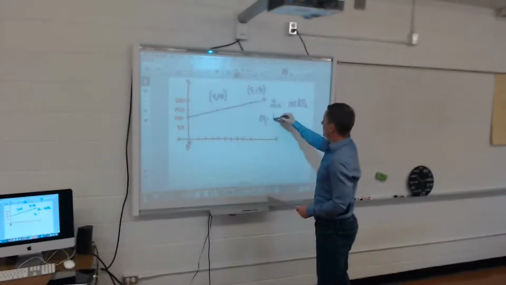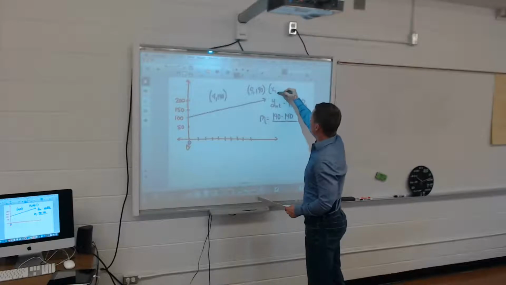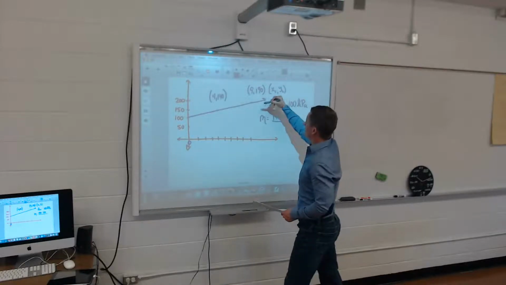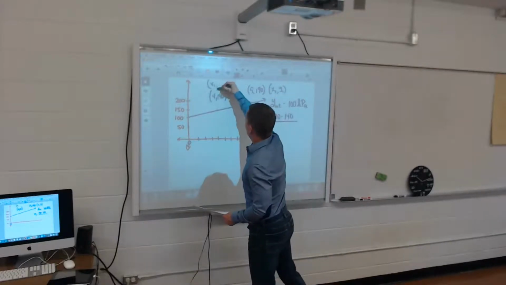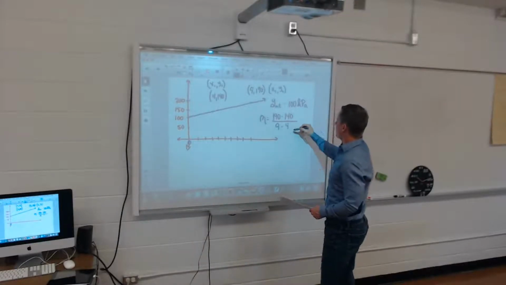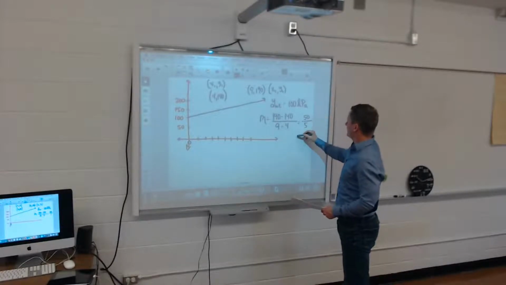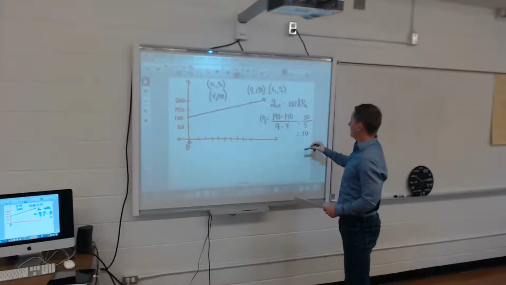I take 190 minus 140, so that's y2, with this one being x2, y2 and the other x1, y1. Then I take 9 minus 4, which gives 50 over 5, which is equal to 10.